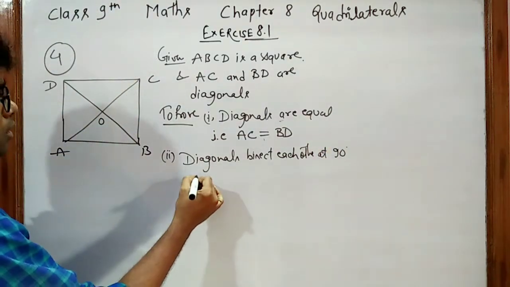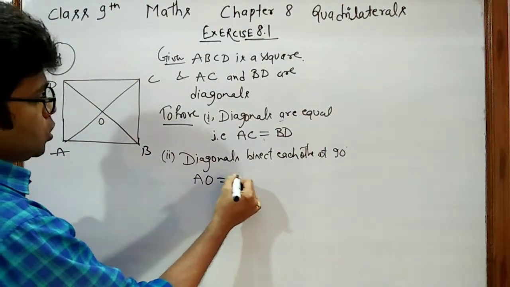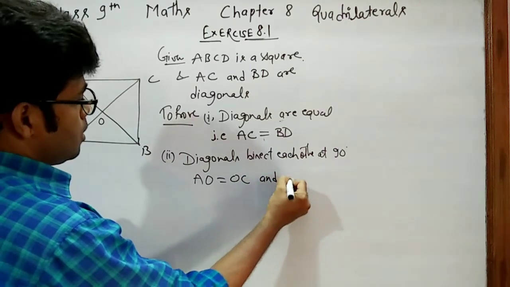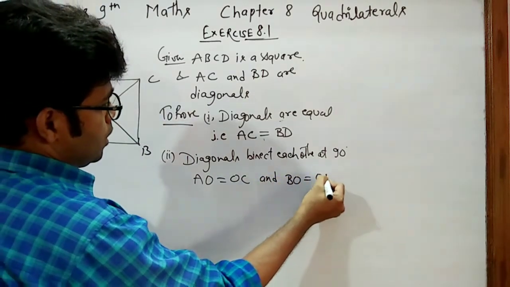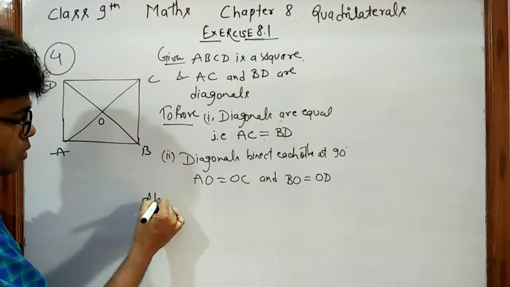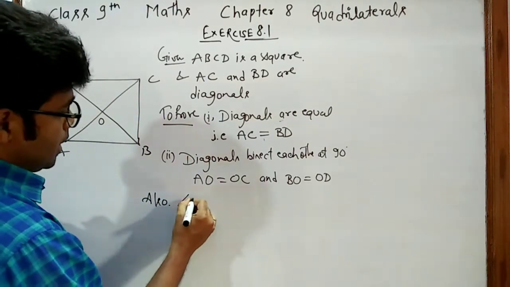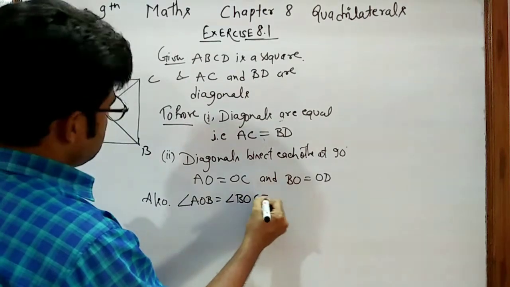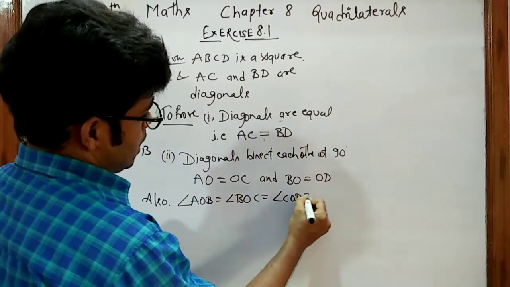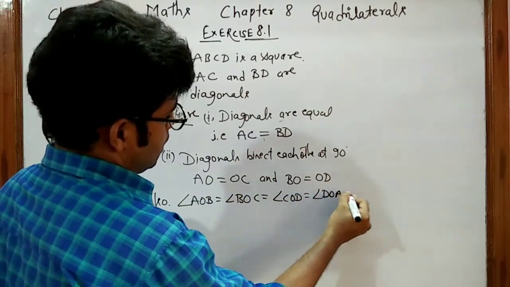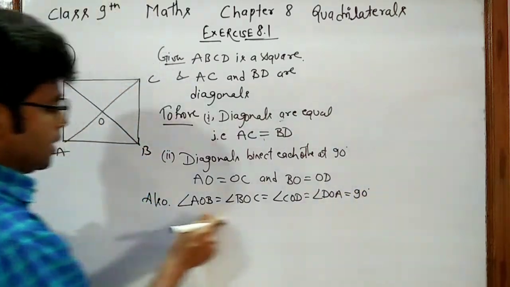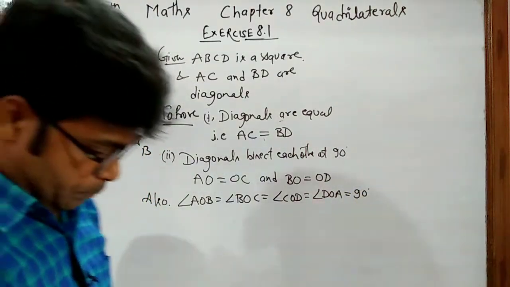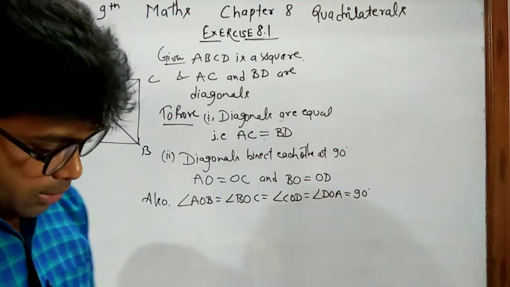That means we have to prove AO is equal to OC and BO is equal to OD. Also, angle AOB is equal to angle BOC is equal to angle COD is equal to angle DOA is equal to 90 degrees.